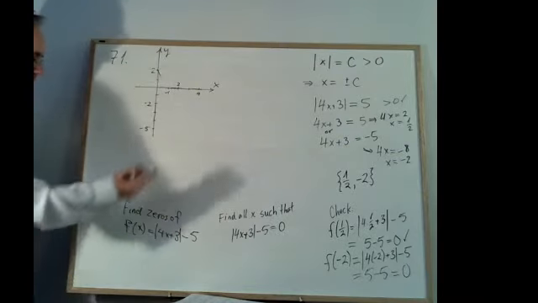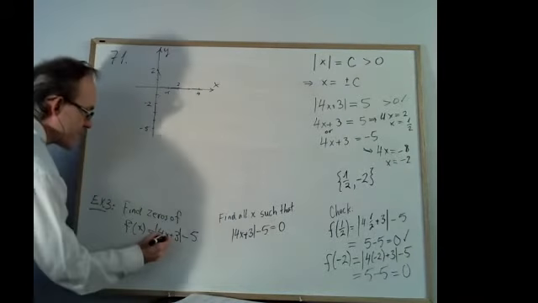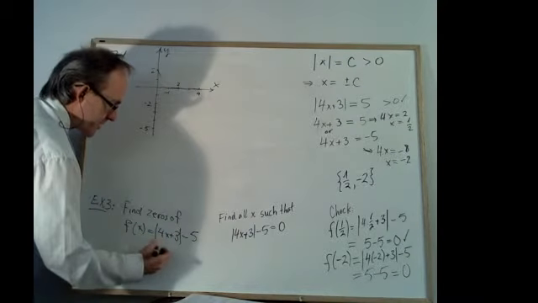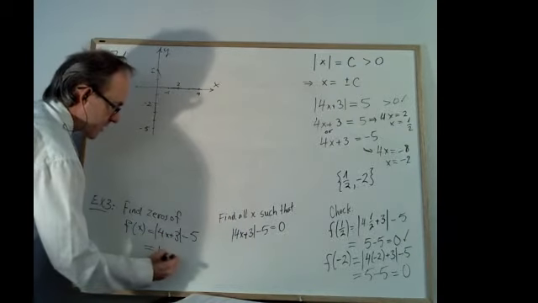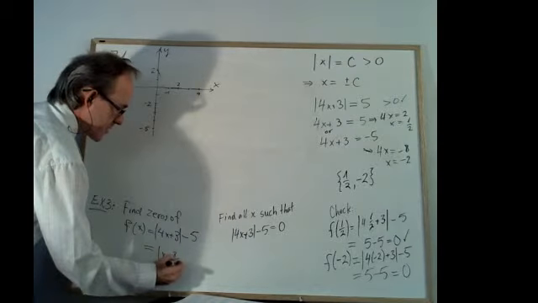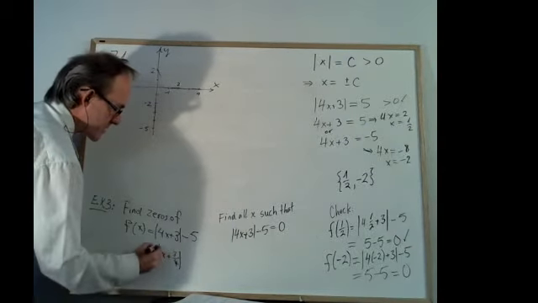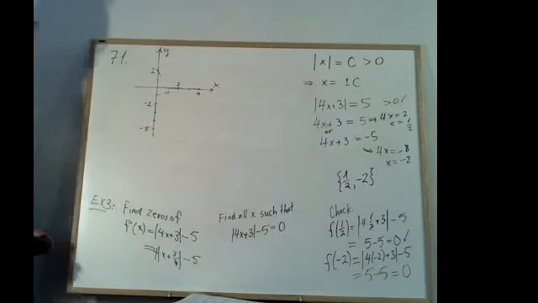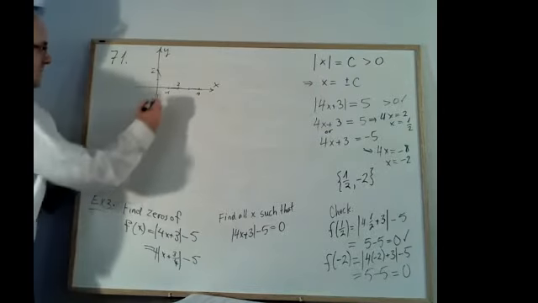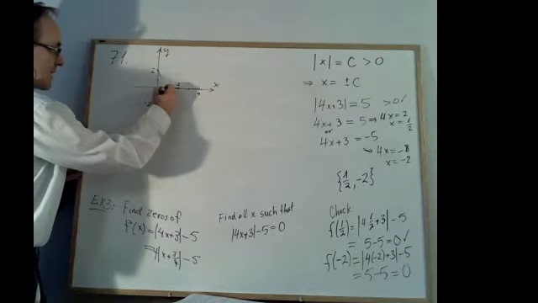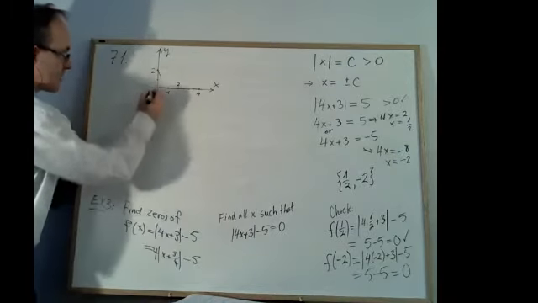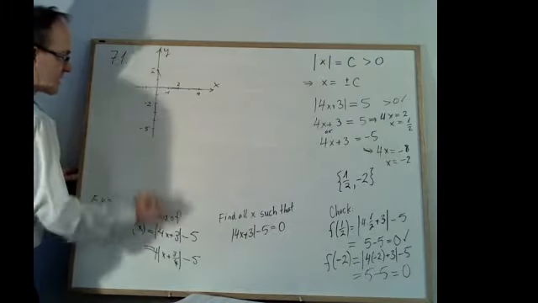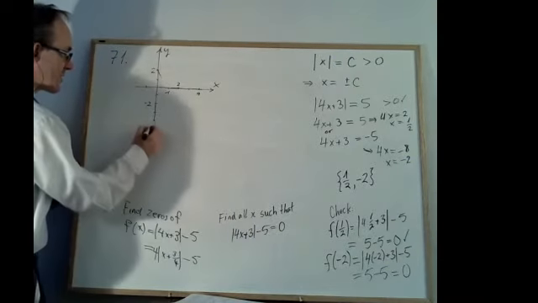If I write it in this form, I can take the factor of 4 outside, dividing each number in here by 4 at the same time, and I'll get the same thing. That means it's shifted to the left by 3 over 4. So minus 3 over 4 is the x-coordinate of the vertex, and then minus 5 is all the way down here.